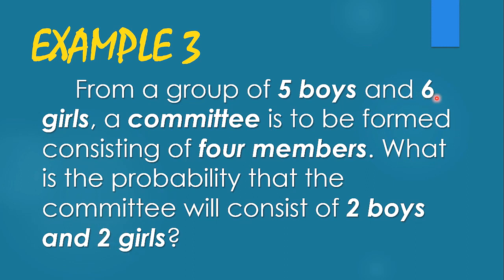So you have 6C2, or the combination of 6 taken 2 at a time, over, since we have a total of 5 plus 6 is 11, and then we have a total of 4 members for the committee. You have 11C4. That would be the total, that would be our denominator. 11C4, or the combination of 11 objects taken 4 at a time.